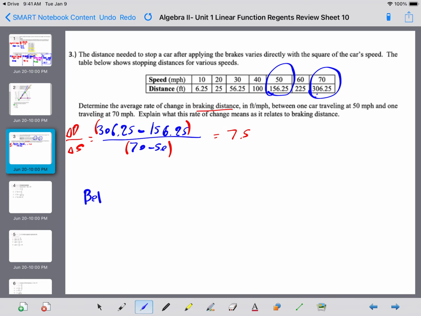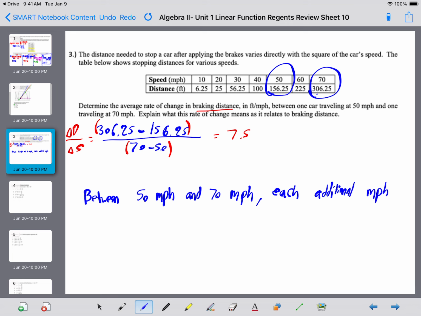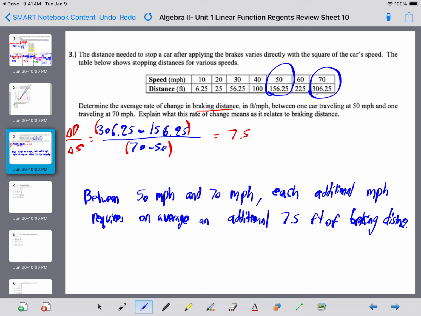Say, between 50 miles per hour and 70 miles per hour, each additional mile per hour requires, on average, an additional 7.5 feet of braking distance. Okay.